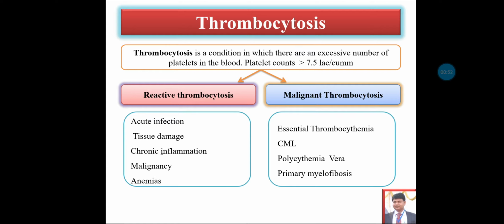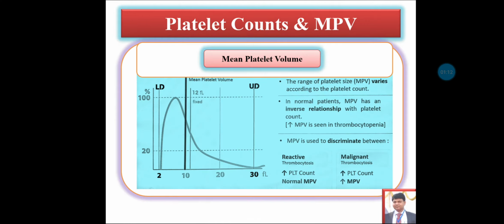On the other hand, malignant thrombocytosis is caused by myeloproliferative disorders, especially essential thrombocythemia, chronic myeloid leukemia, polycythemia vera, and primary myelofibrosis. These are a few conditions in which we can see malignant thrombocytosis.